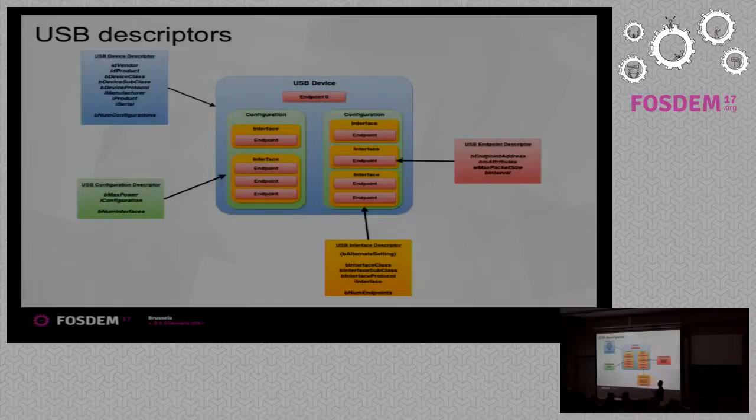Each interface has the class information and a string, which can also be used to distinguish between two interfaces. Then we get the endpoint descriptor, with the endpoint address, which identifies this particular endpoint, like the port number in TCP. And the attributes which tell us about the type of this endpoint. Is it control, is it bulk, is it interrupt, or is it ISO?